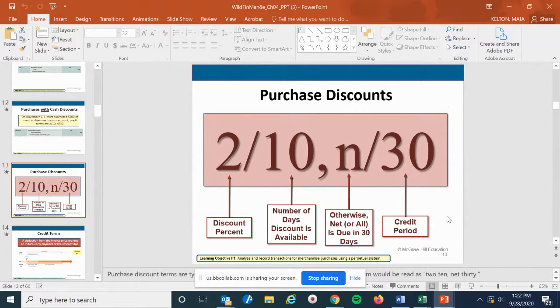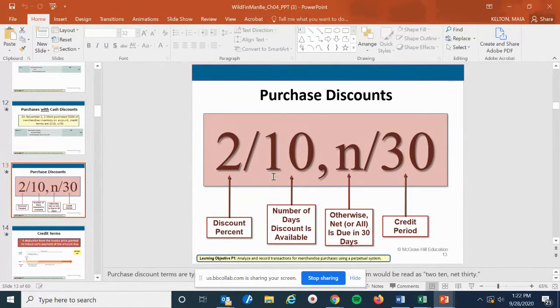Again, it's going to be very important for you in Chapter 4 to understand the terminology and the acronyms and the notation. So here, the discount percent will be listed first. The number of days will be next. So you can see anything from 1% or 0.5% to 5% discount.